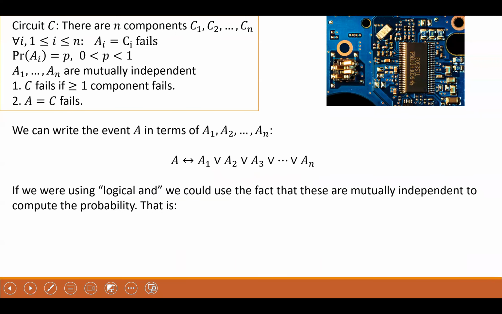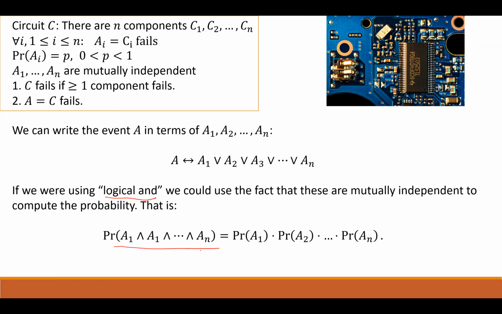Of course, we want to somehow get back to our logical AND, our intersection, so we could use the fact that they're independent. If we wanted to know this probability, for instance, we could find it because these are independent.